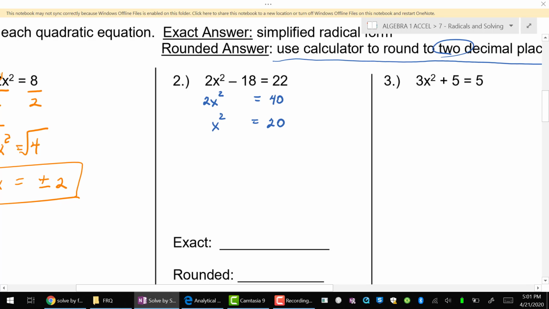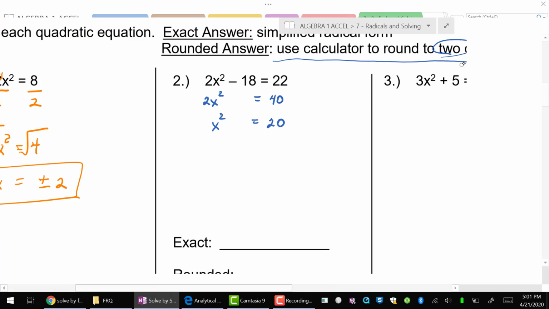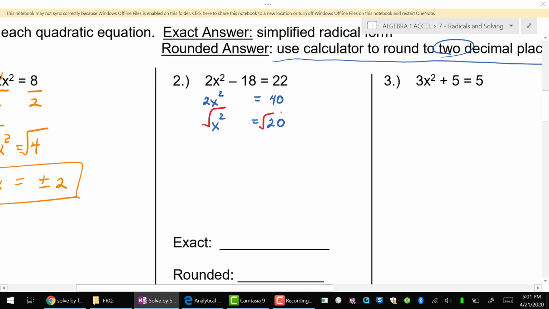Now before we're finished, let's check this radical here. Take the square root of both sides, and we'll get x equals plus or minus the square root of 20. The operation of taking the square root will cancel out that power of 2. Remember, too, from simplifying radicals that the square root of 20 can be split up into root 4 and root 5.